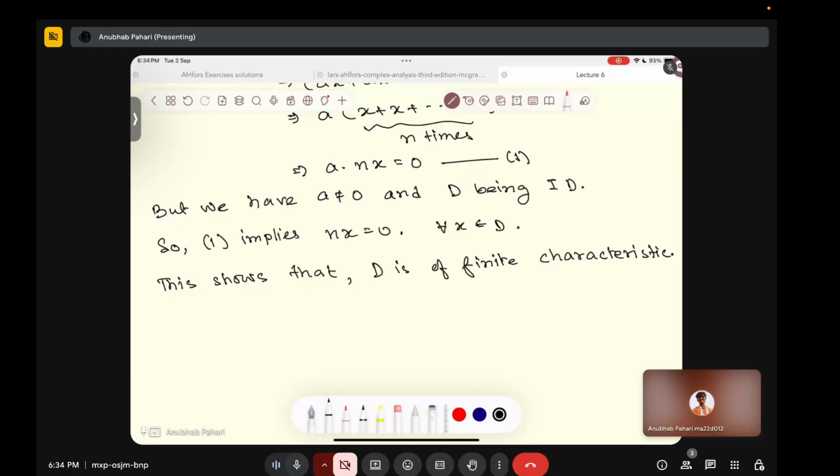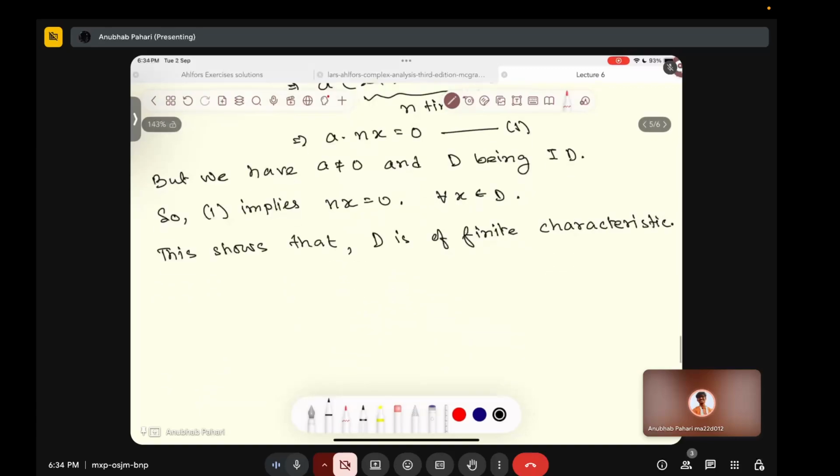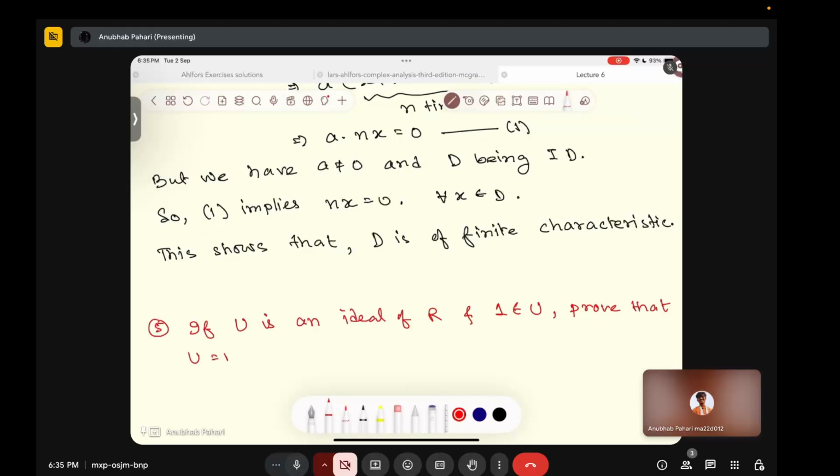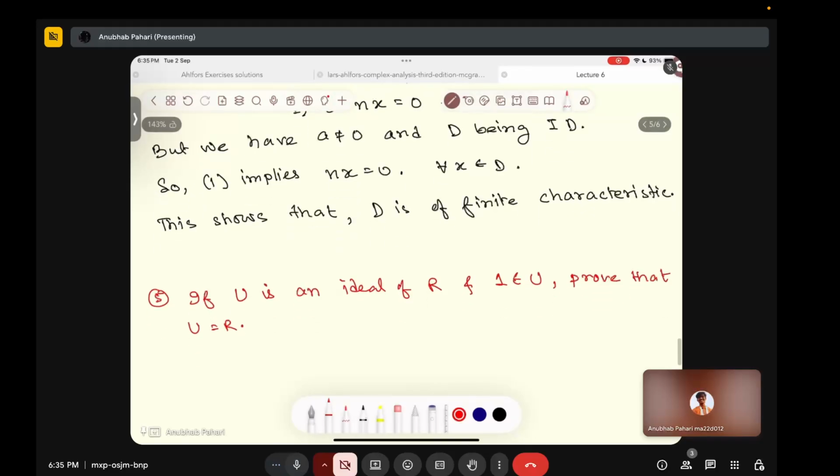Okay, so let's start with some trivial question, which is: if U is an ideal of R and 1 belongs to U, that is the identity element, prove that U equals R. So again you can just think for some minutes, and you also think and let me know.